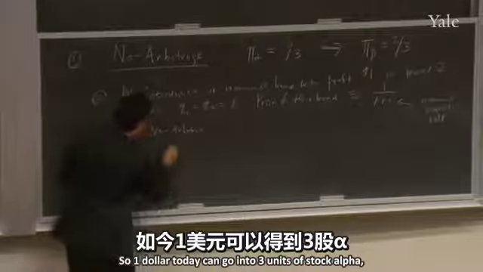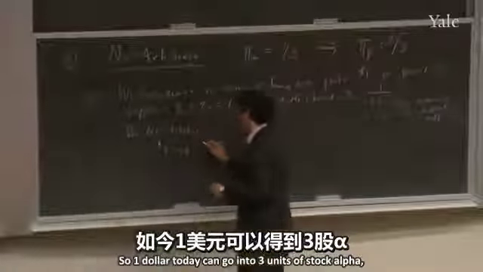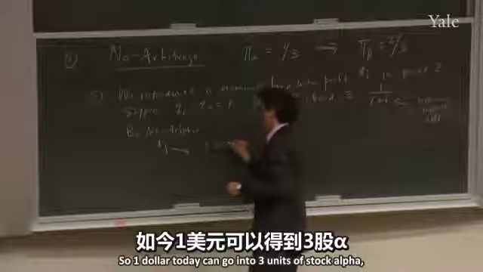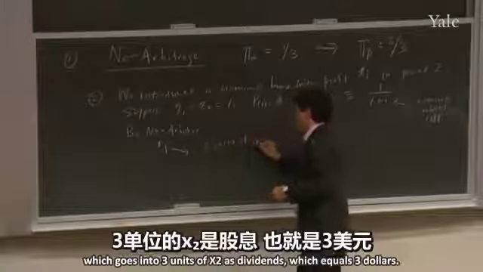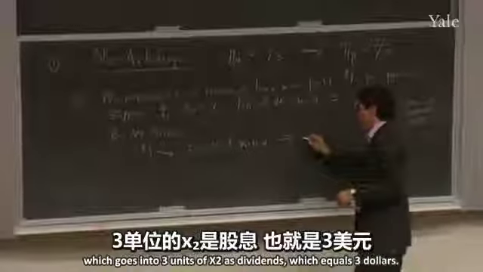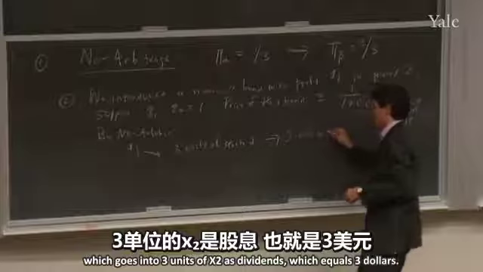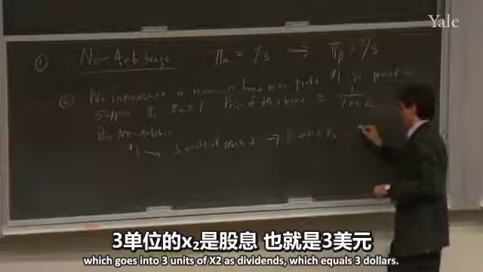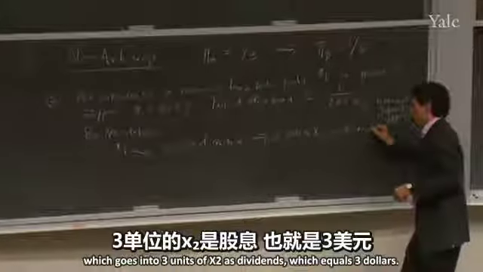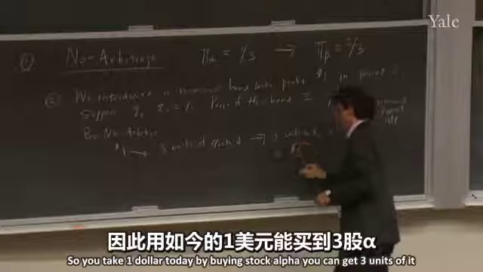So $1 today can go into 3 units of stock alpha, which goes into 3 units of X2 as dividends, which equals $3.